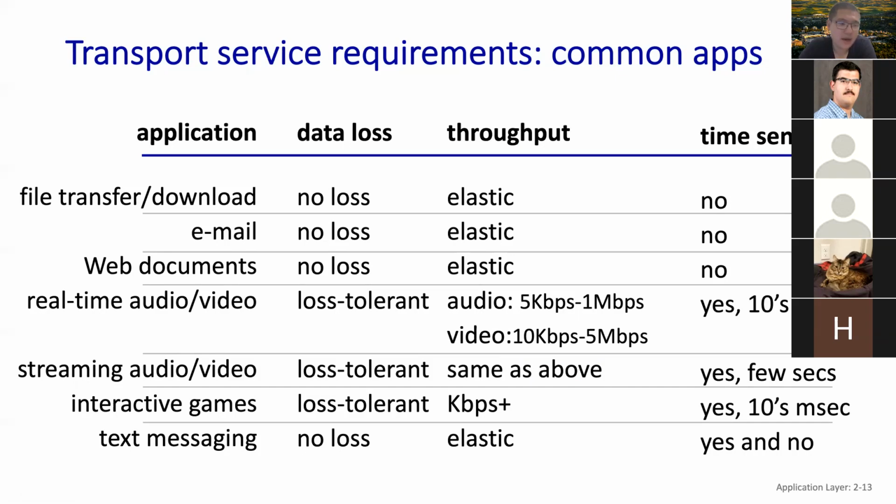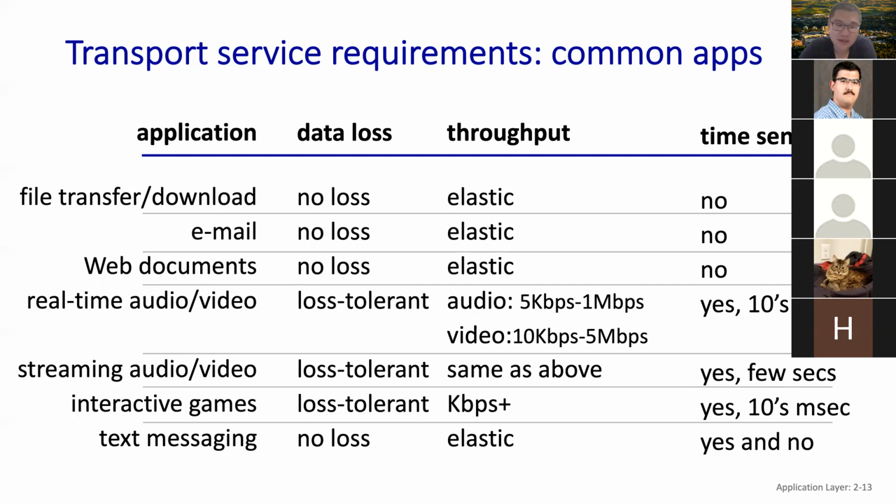Okay, for email, the same thing, right? You cannot tolerate loss. The throughput is flexible, and the time is not quite sensitive, similar to a web document. But what is the difference? The real-time audio or video. Just as I mentioned, they can tolerate loss, right?